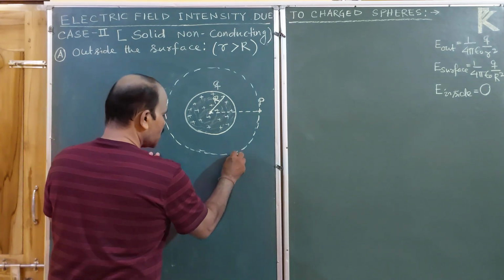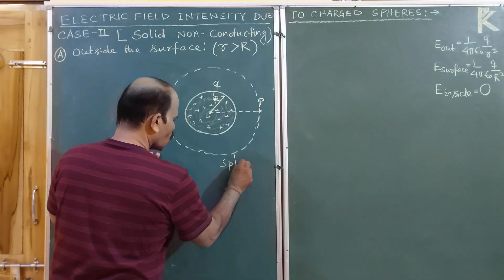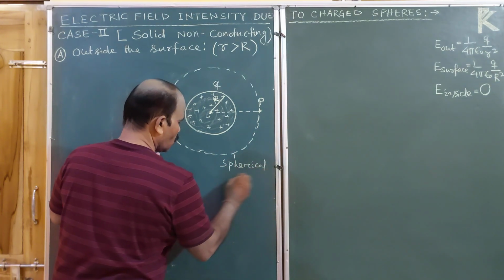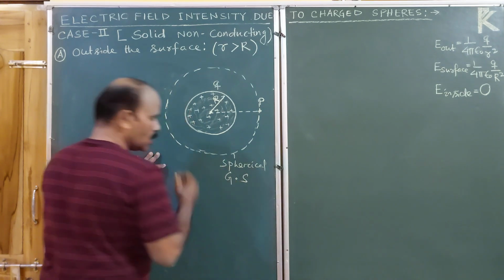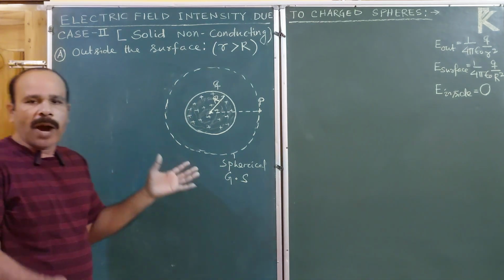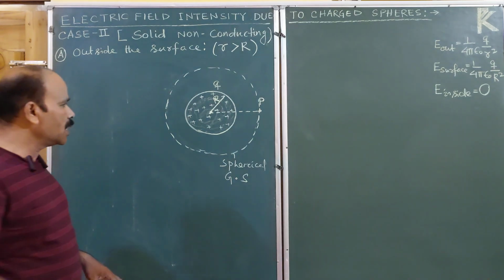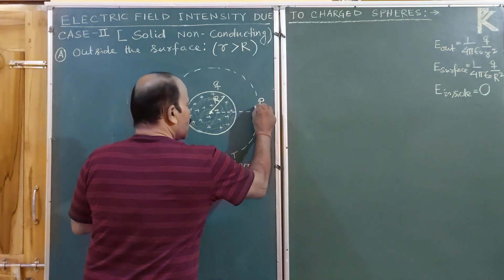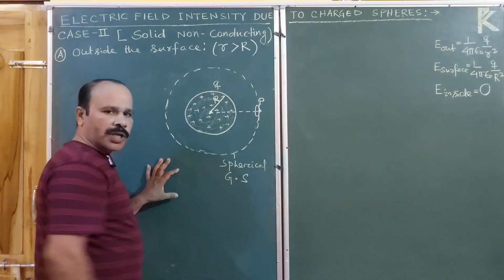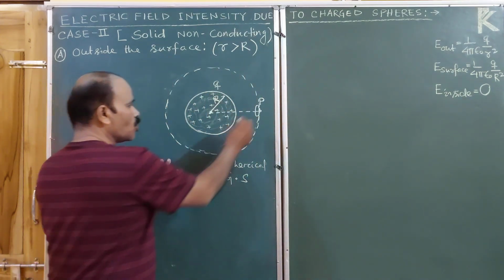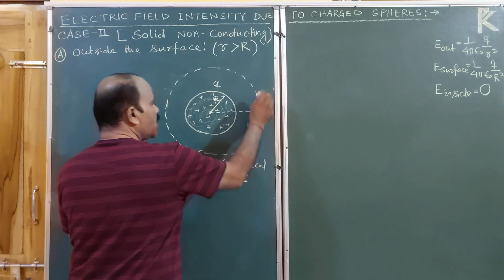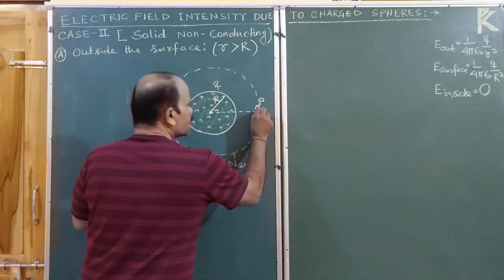It is purely imaginary; a spherical Gaussian surface is an imaginary surface. Now again consider a small surface over here, a small portion of the Gaussian surface.